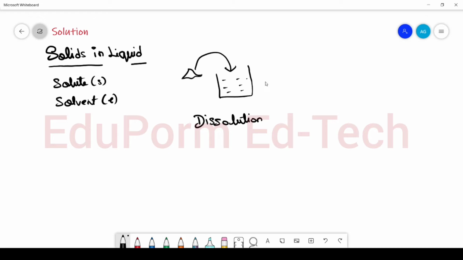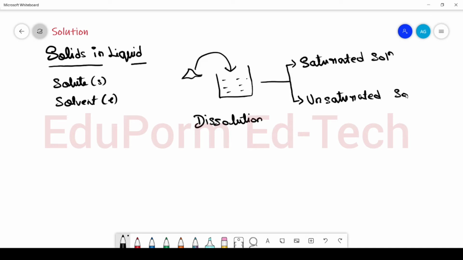Now, dissolution results in formation of two types of solutions. First, it results in formation of saturated solutions, and second, it results in the formation of unsaturated solutions.